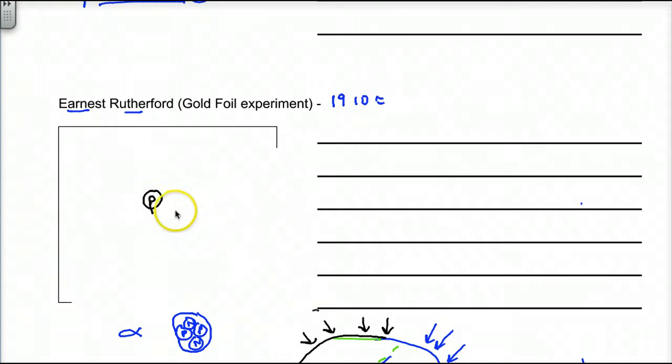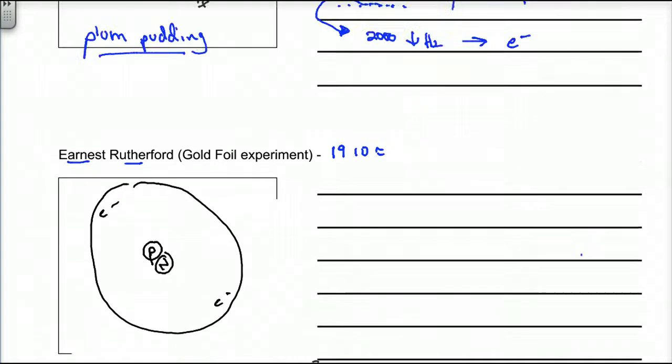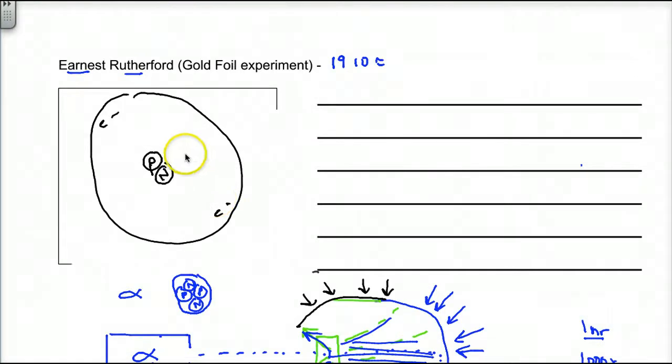That was discovered a couple of years back. And then, of course, 20 years later, we have the neutrons, with electrons on the outside somewhere in that empty space. So this is now changing from this idea of a plum pudding to a dense core called a nucleus. So what did he discover? He discovered the nucleus of an atom.